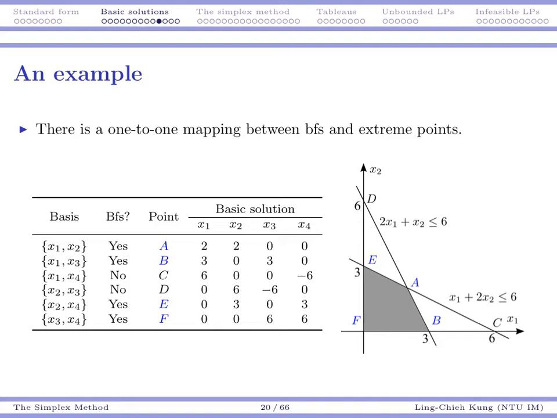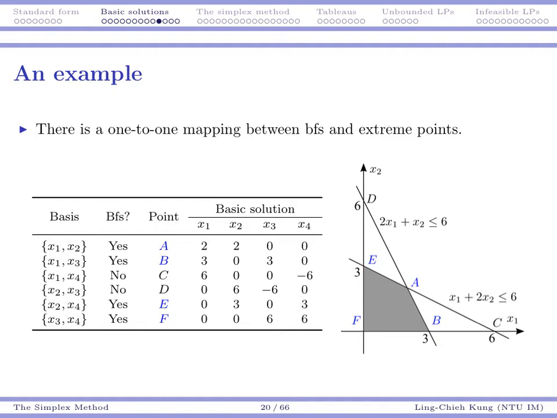And then you immediately see that there are four basic feasible solutions. If we only look at their basic part, we have (2, 2), (3, 0), (0, 3), and (0, 0). And indeed, they correspond to these four corner points.